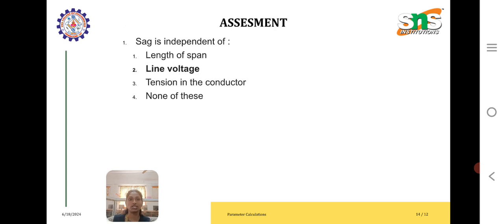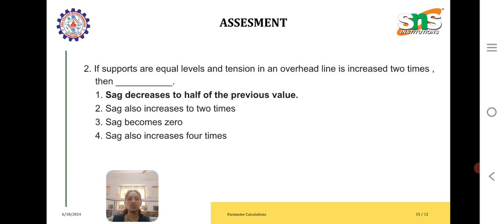All these parameters have to be considered. So the sag is independent of what? It is independent of line voltage. Sag does not happen because of a higher line voltage. Sag is independent of line voltage, and if supports are at equal levels and the tension in an overhead line is increased 2 times, then the sag decreases to half of the previous value. Thank you.